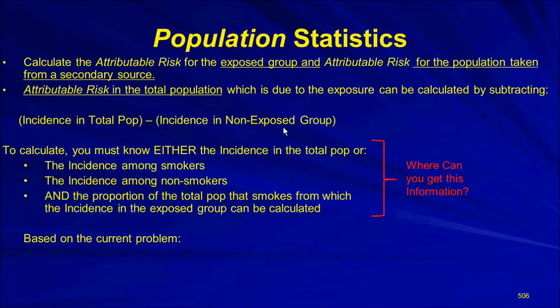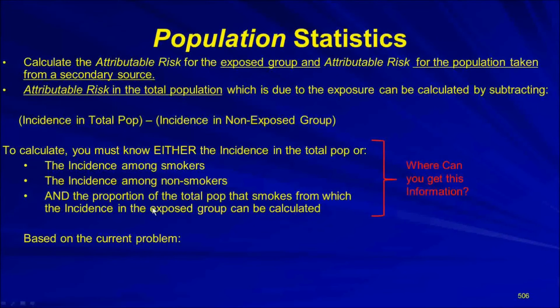So to calculate, you must either know the incidence rate and the total population, or the incidence rate among smokers, or the incidence rate among non-smokers, and the proportion of the total population that smokes, from which the incidence rate in the exposed group can be calculated.